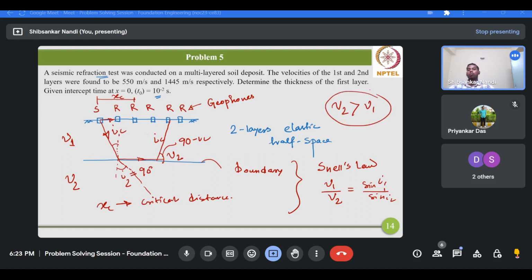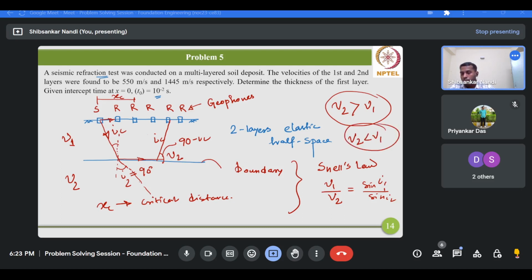Otherwise, you will not get a reasonable result, and you may come across erroneous results also. Why does this condition need to be satisfied for this kind of test, the seismic refraction test? Because as per Snell's law, if v2 is less than v1, then what will happen?